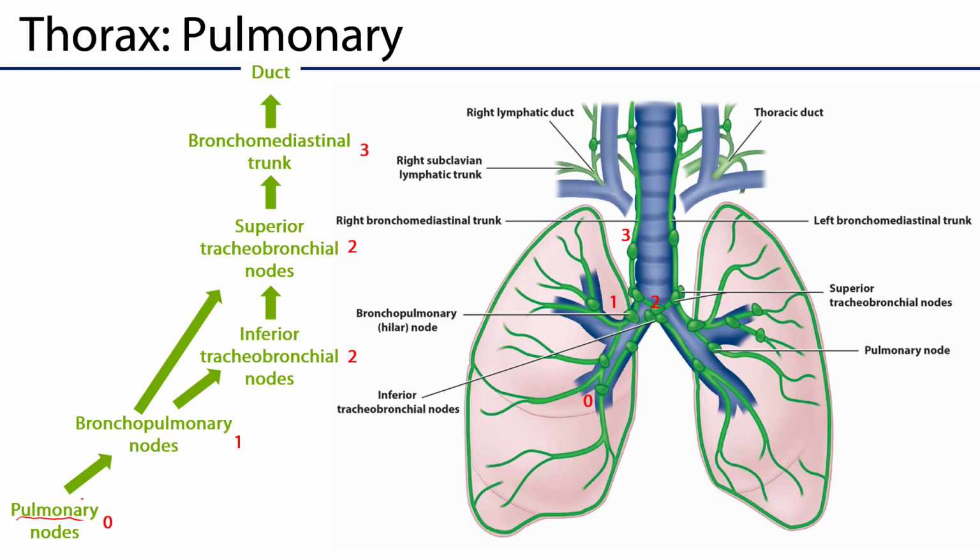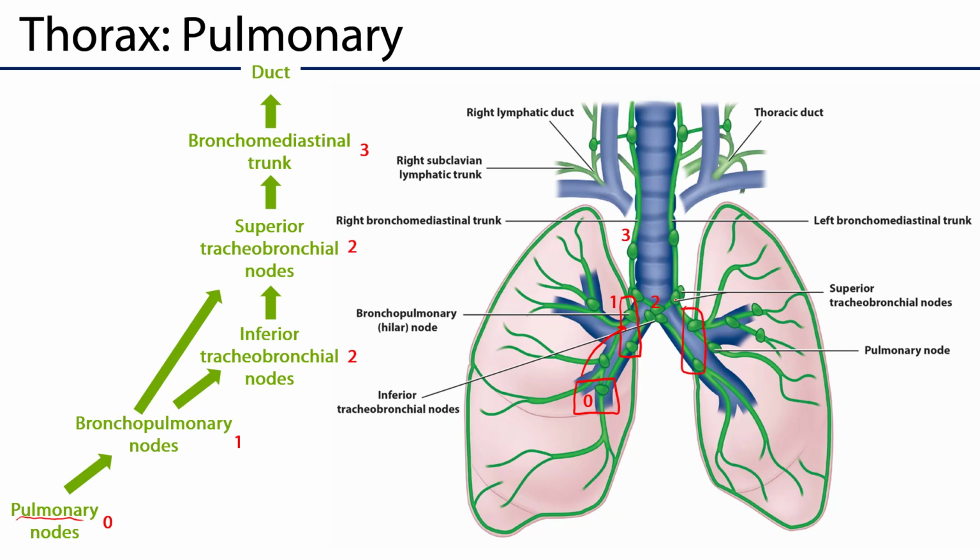And any sort of progression of disease, so metastasis that begins in a pulmonary node, so this would be the origin of that as 0, is then going to move to the bronchopulmonary nodes, also known as the hilar nodes, because they can be found in the hila of the lungs.